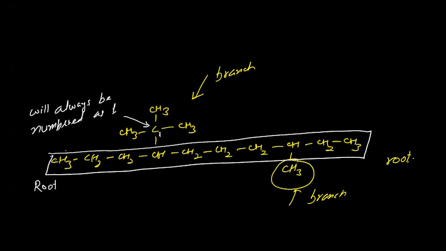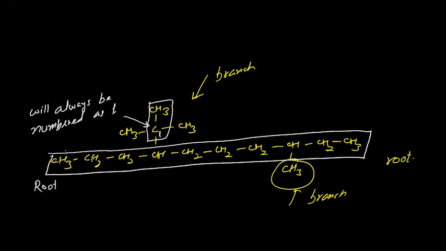Now from here, if you say this is 1, any other one can be 2, because this is just 1 away. Within the branch, you will consider the main chain. In this case there will be only 2 carbons, whether you consider this one or this one. These are all symmetrical, CH3 with 2 carbons. So you can consider any of these as main chain for the substituent groups.